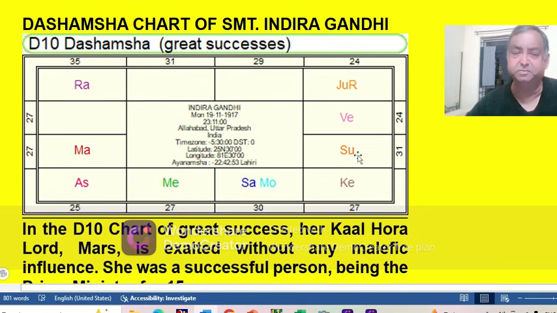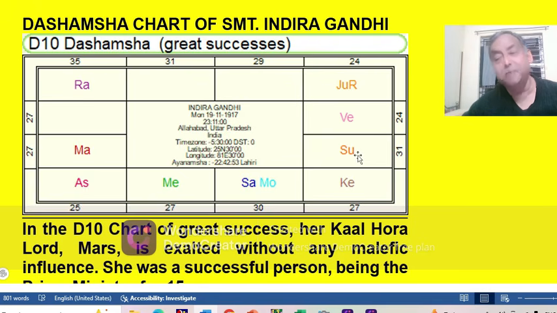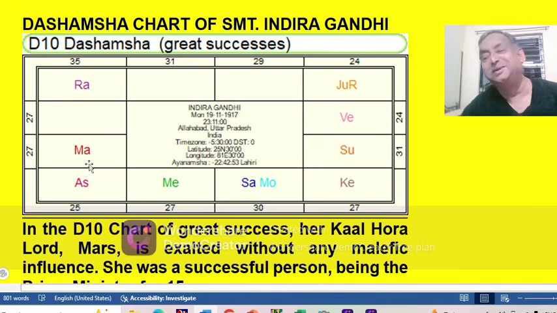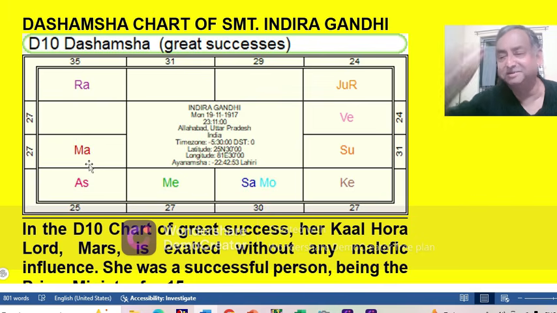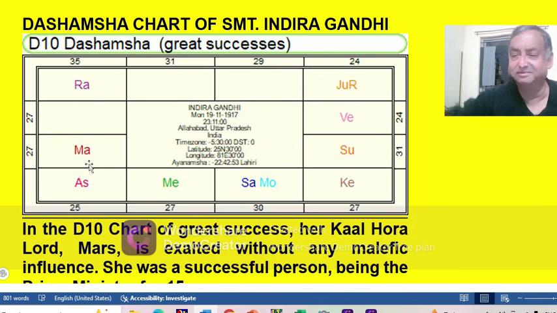So, this is the Dashamsa chart of Srimati Indira Gandhi. In the Dashamsa chart, the Birth Kaal Hora Lord, Mars, is exalted. What is the D10 chart? The D10 chart is of great success. Means great success in life. She was Prime Minister. Great success.